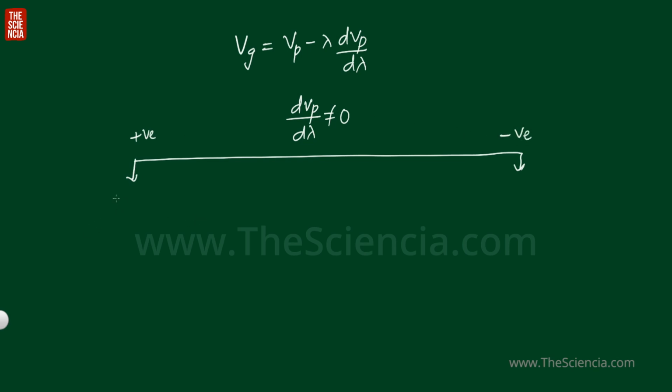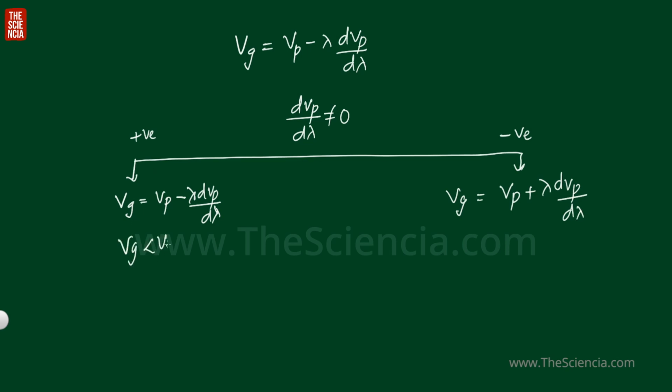That is, Vg is equal to Vp minus lambda dVp by d lambda, or Vg is equal to Vp plus lambda dVp by d lambda. Here you can see this Vg value is less than Vp, and here you can see this Vg value is greater than Vp.